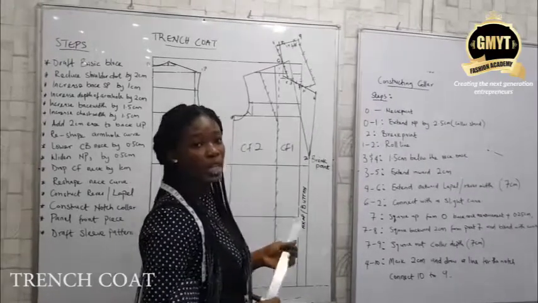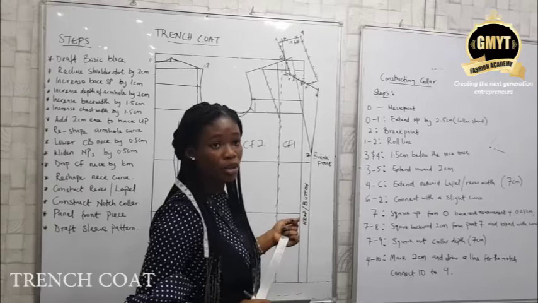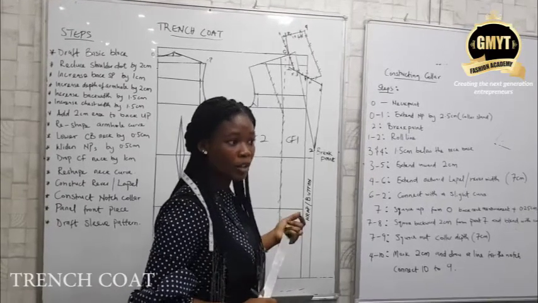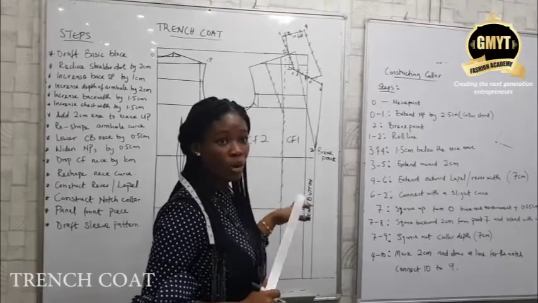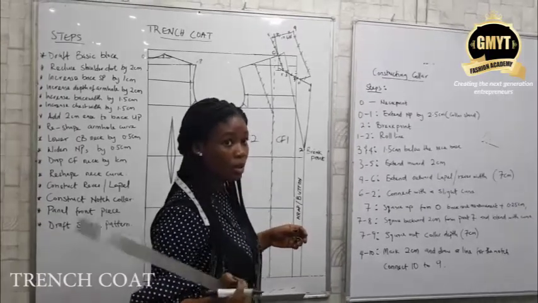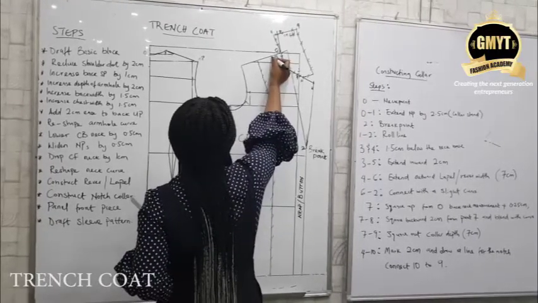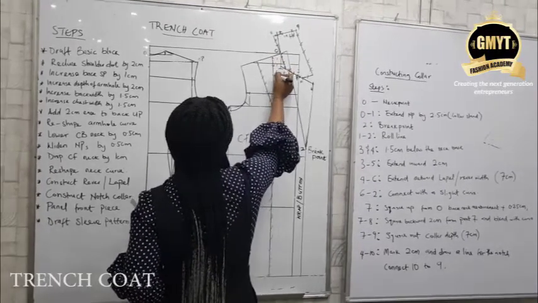And when you are placing your CF1 on fabric, make sure you iron hair stay on it, and make sure you use it to cut the facing as well. How to cut the facing is in the sewing process. For CF1, you are cutting like this.